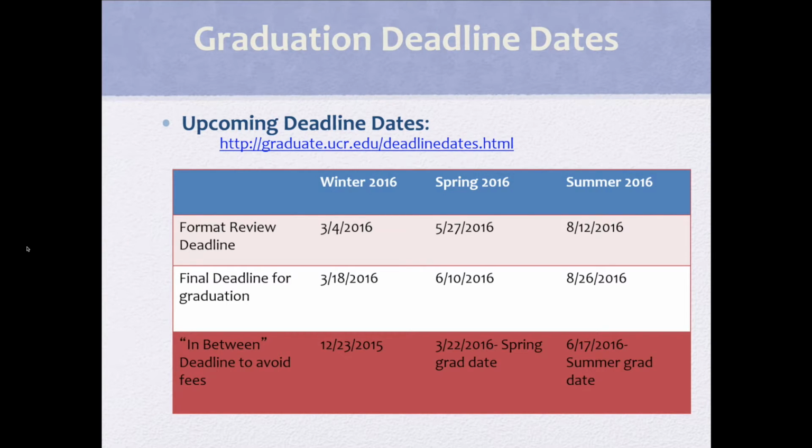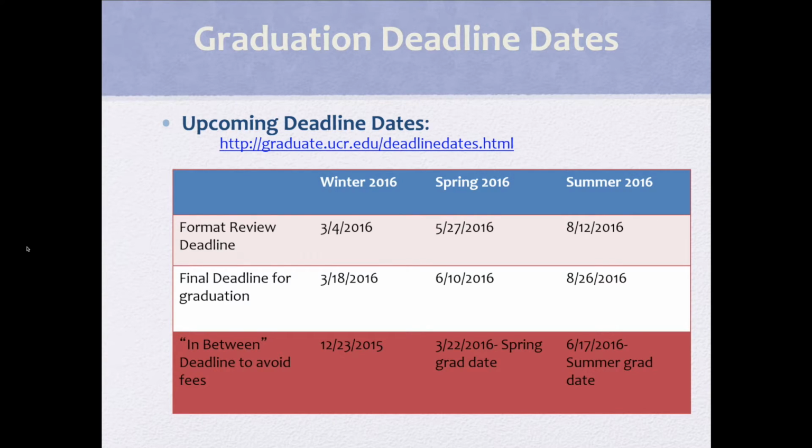I just want to go through a very brief overview again of the steps required to graduate. So step number 1, we want to see your dissertation for format review 2 weeks prior to the final deadline. Step number 2 is to submit the required paperwork. You can find a list of the required paperwork for both PhD and master's degrees on the filing resources page of our website.